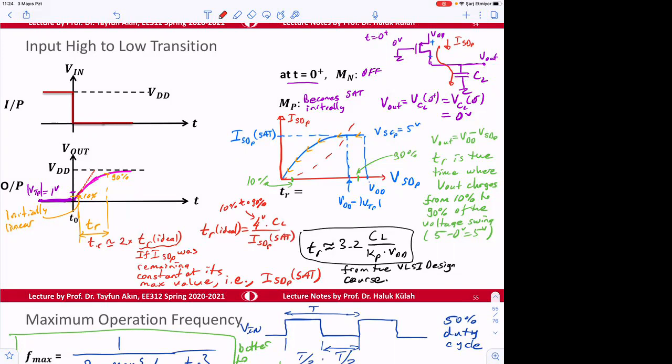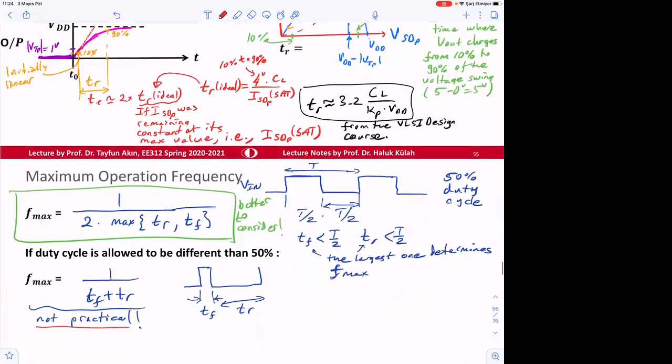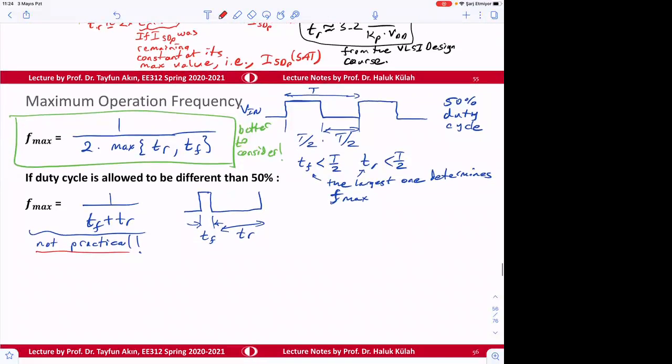Okay, so TR or rise time is calculated like this. I mean, here we are doing some assumptions anyway, especially in the course.